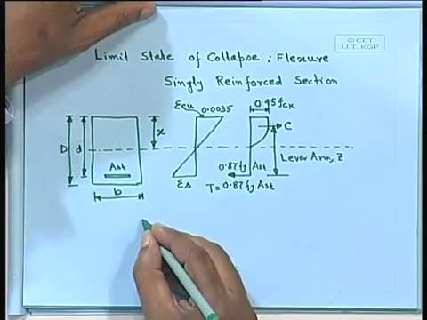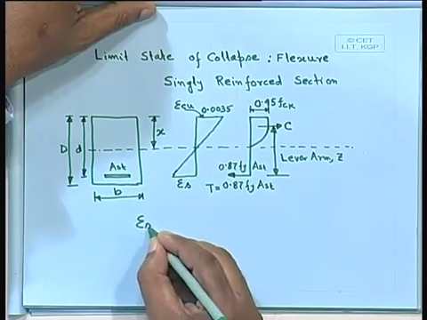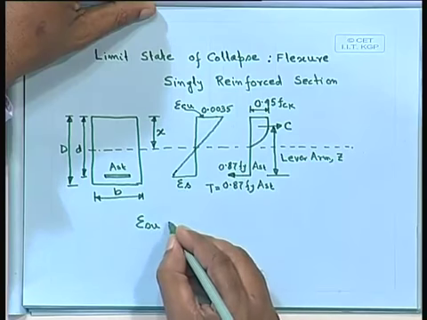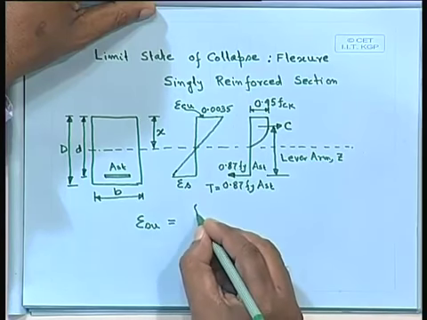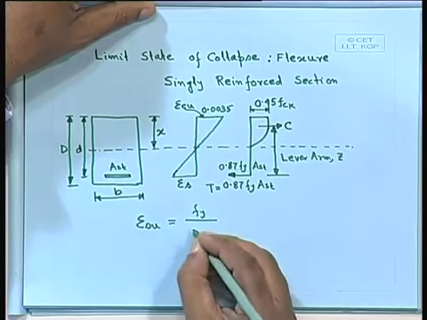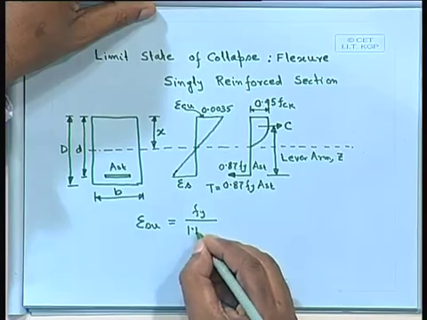Epsilon SU as per the code, to repeat, 0.87 fy, that is one of the assumptions also.